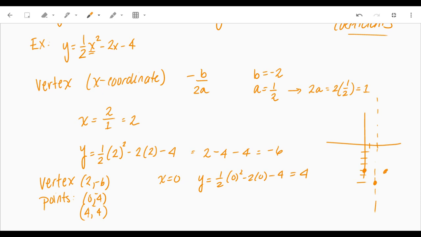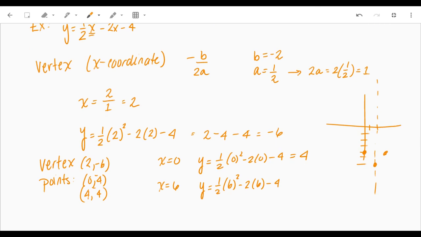Then I would do another even number, so maybe when x is 6. y would equal 1/2 6 squared minus 2 times 6 minus 4. That's half of 36 minus 12 minus 4, so 18 minus 12 minus 4, which is 2.